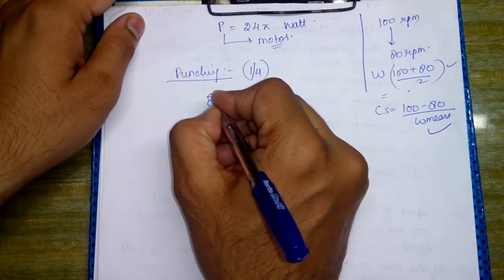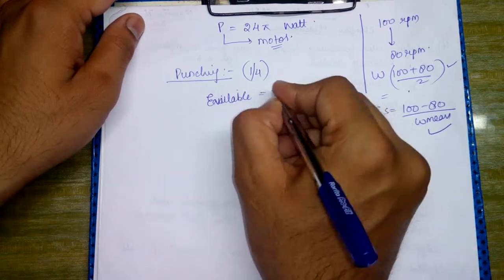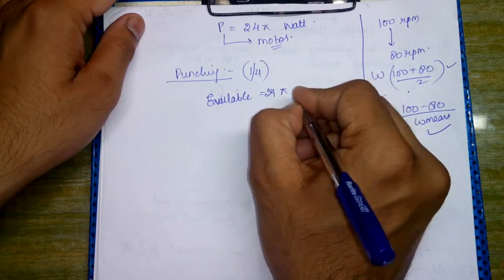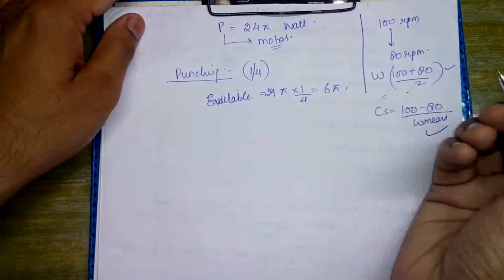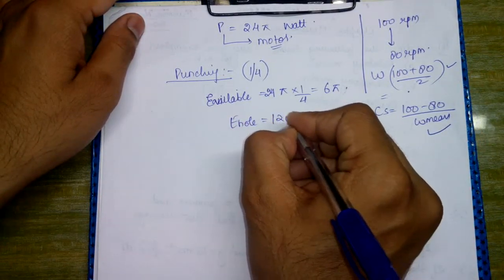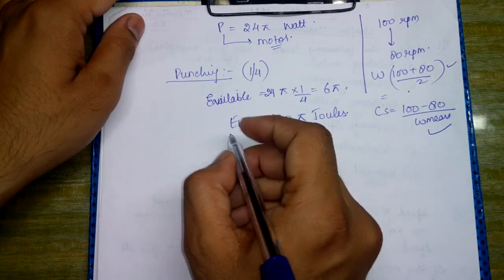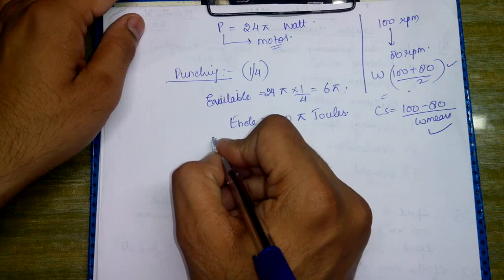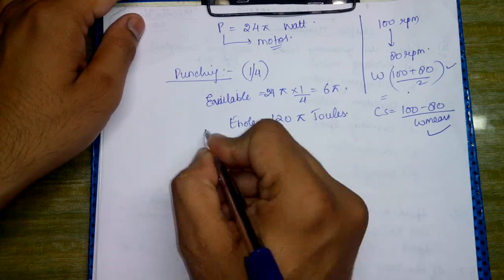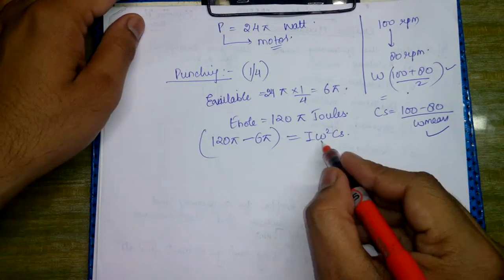So E available would be simply 24 pi into 1 upon 4, that is 6 pi joules, and we know that the energy of the whole was 120 pi joules. So what would be the deficient or the fluctuation of energy?